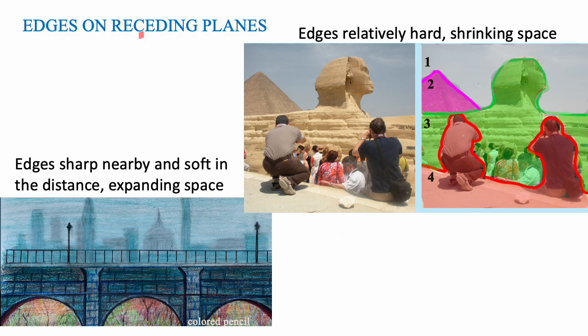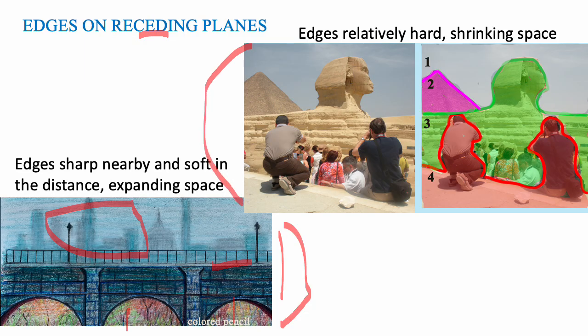Let's look at these images with receding planes. So in this first one, I drew the bridge with hard edges and the trees with medium edges and the buildings with soft edges. And I think you can agree that this shows depth. Now, this is a picture I took in Egypt, and there's very little atmospheric perspective here because it's so dry.